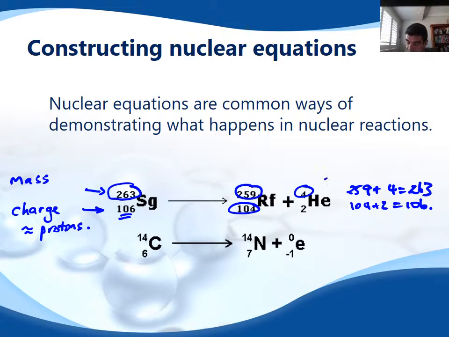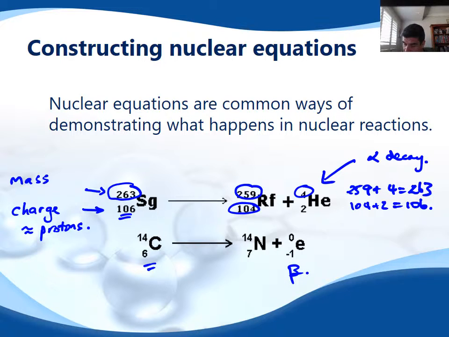Now this is a type of alpha decay, so you can see that this is the helium nucleus, so that is alpha decay that's occurring in the first one. And in the second one we've looked at before is carbon-14, which is breaking down into nitrogen-14 with the release of a beta particle.